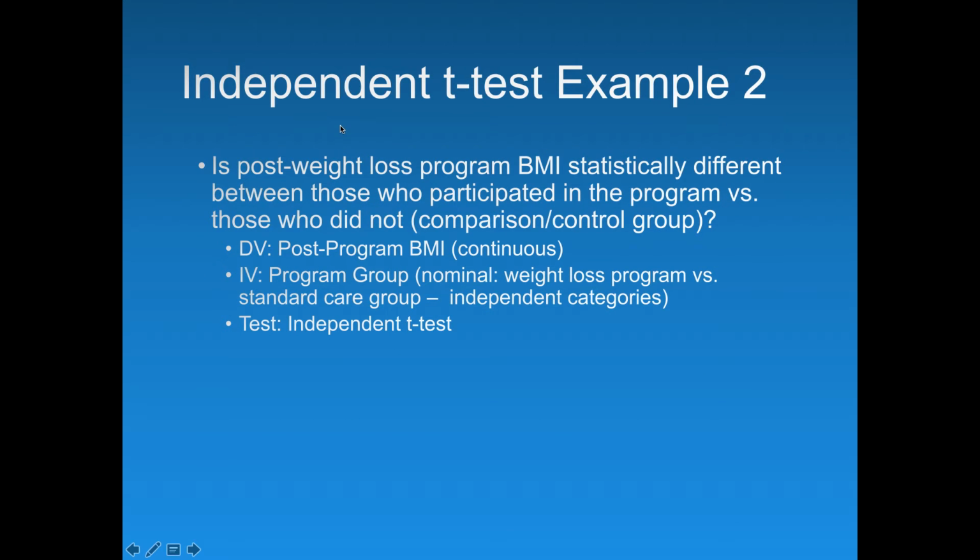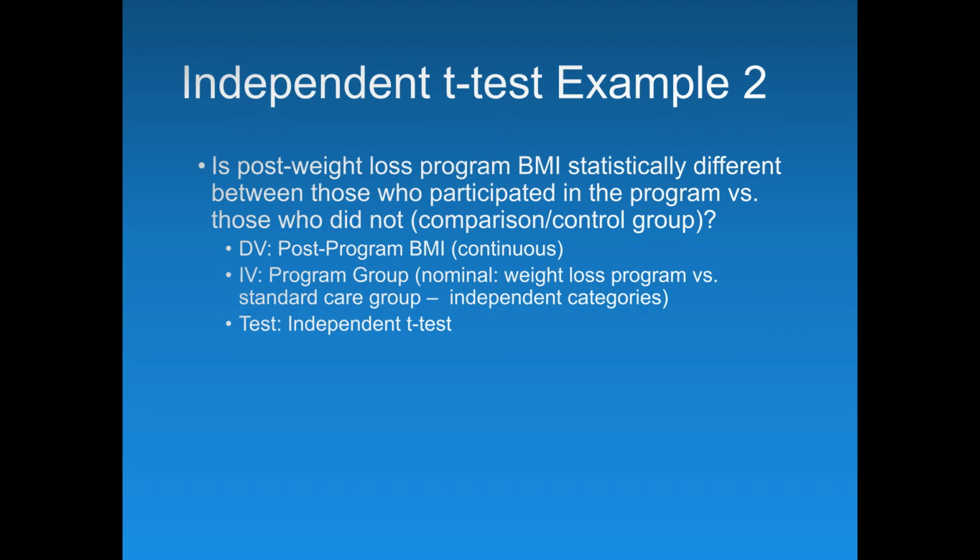So using that same kind of example, we're going to want to see if the post-program BMI is statistically different between the people who participated in the program versus some other group that we have hanging out somewhere who did not participate in that program. So what's our DV in this example?